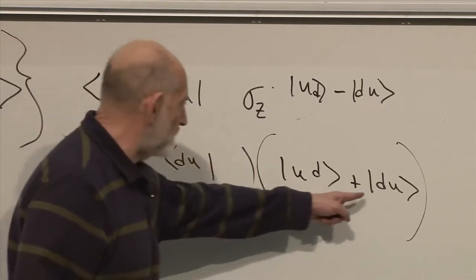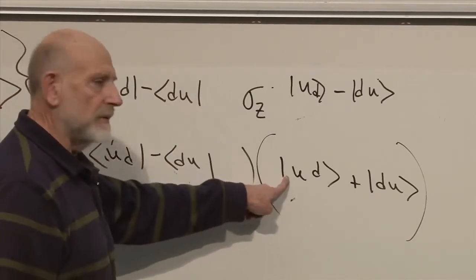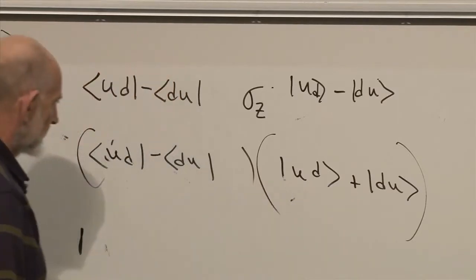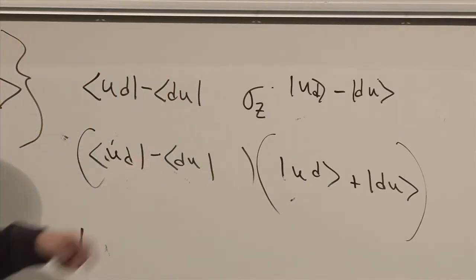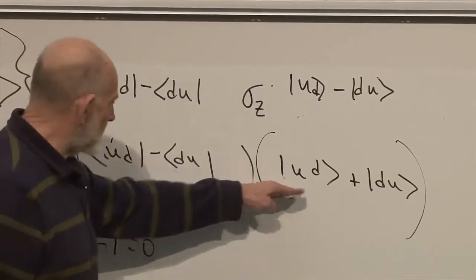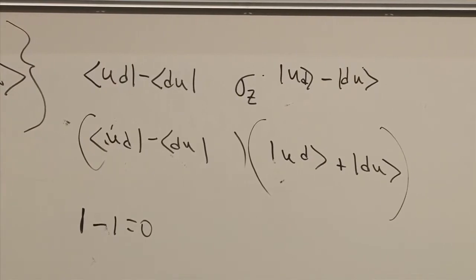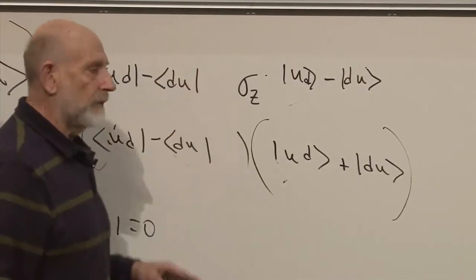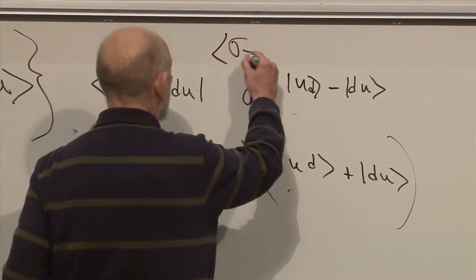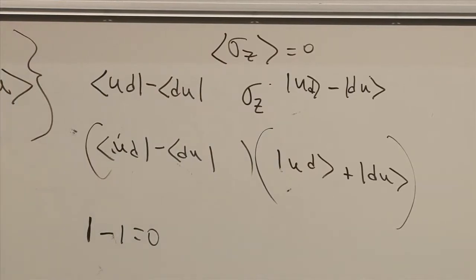Up, down with down, up is 0. What about down, up with up, down? 0. What about down, up with down, up? 1, but there's a minus sign here. So this is orthogonal to this. The inner product is 0, and it says that the expectation value of sigma z is equal to 0. Sigma z in this state, not any state, but in this state, is 0.